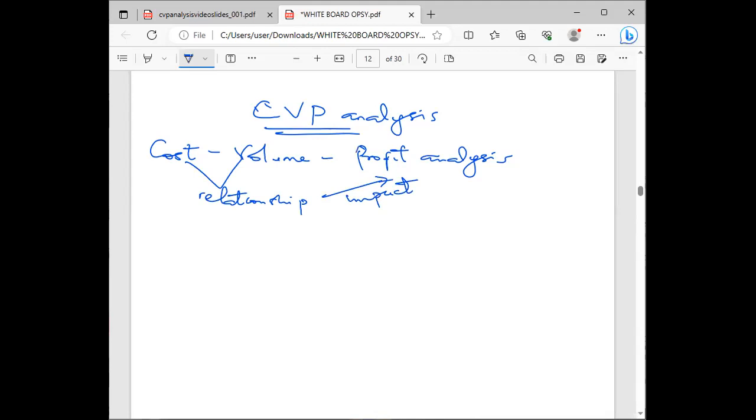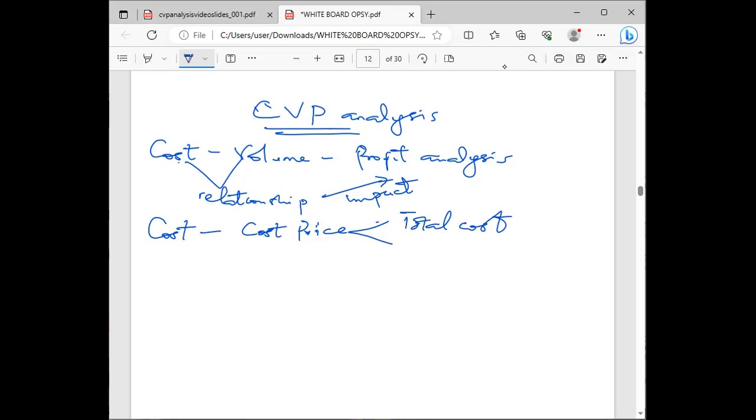Looking at this, you would have heard of the word cost right from maybe primary school days, you heard the word cost price. When you hear the word cost price, this in the initial sense means total cost.